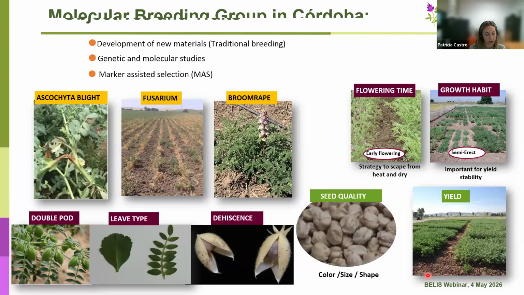So having defined the main traits we are focusing on, the next aspect is the plant material that makes this work possible. The development of reliable molecular markers strongly depends on the availability of well-characterized material and segregating populations. In this context, our breeding program has generated a valuable collection of plant material.